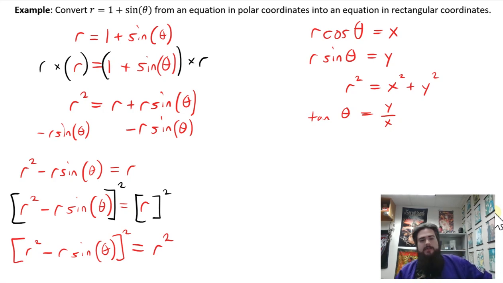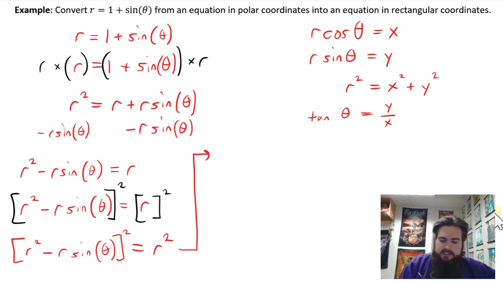In this equation, all terms now are terms that I can replace with values in the rectangular coordinate system. I can replace r squared in both instances, and I can replace r times sine of theta.